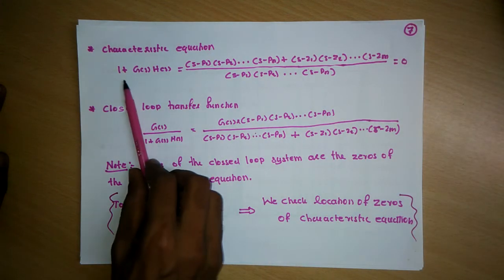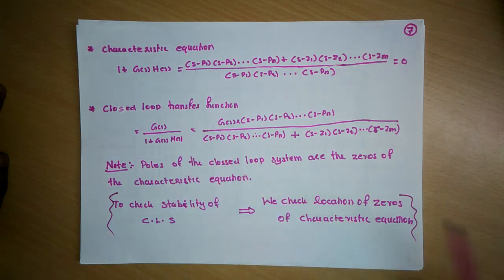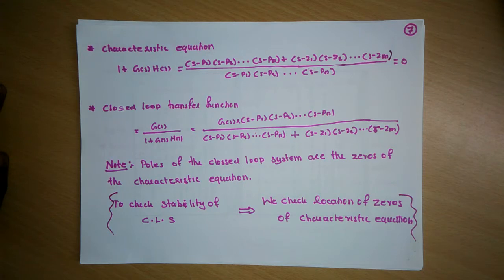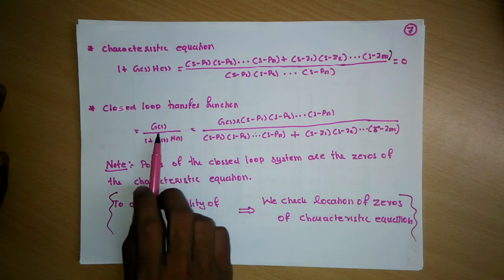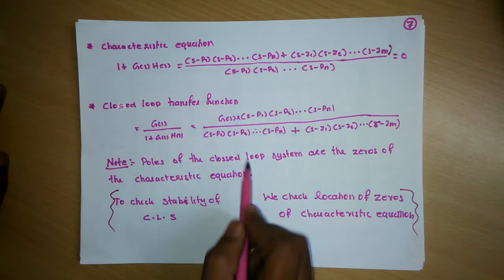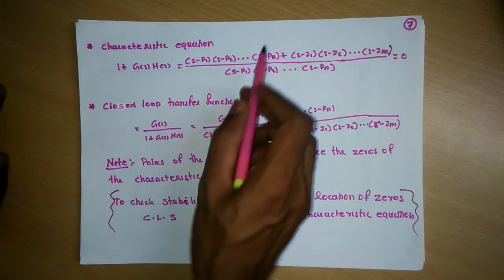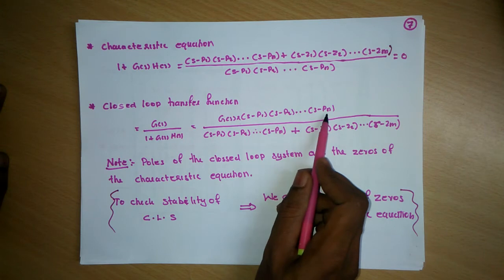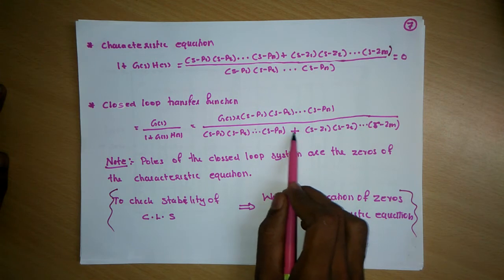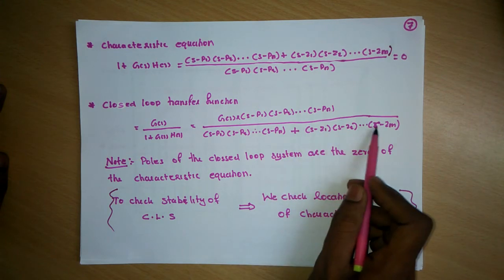Also, the characteristic equation 1 plus G of S H of S is [(S minus P1)(S minus P2)...(S minus Pn) plus (S minus Z1)(S minus Z2)...(S minus Zm)] divided by (S minus P1)(S minus P2)...(S minus Pn), which is equal to 0. And the closed loop transfer function, which is given by G of S divided by 1 plus G of S H of S, will turn around as G of S into (S minus P1)(S minus P2)...(S minus Pn) divided by (S minus P1)(S minus P2)...(S minus Pn) plus (S minus Z1)(S minus Z2)...(S minus Zm).